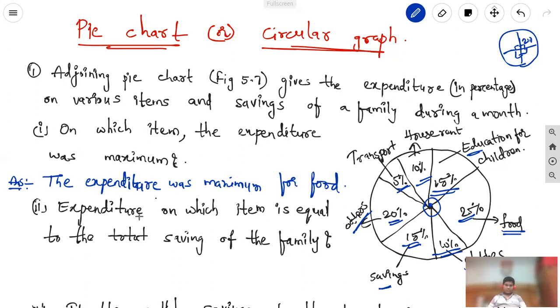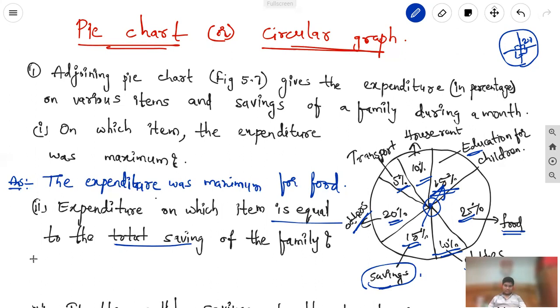Second one: expenditure on which item is equal to the total saving of the family? Total saving of the family is 15 percentage. The 15 percentage is equal to another 15 percentage for education for children.